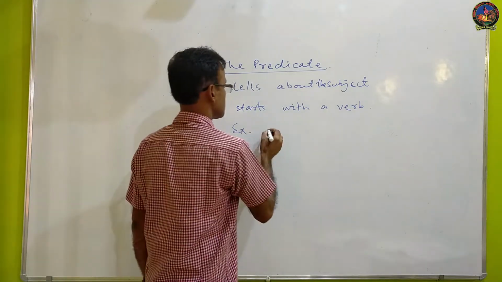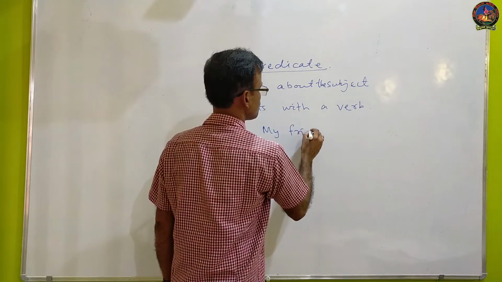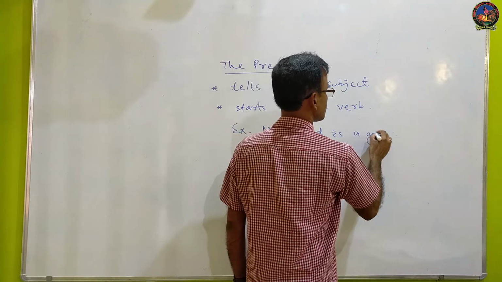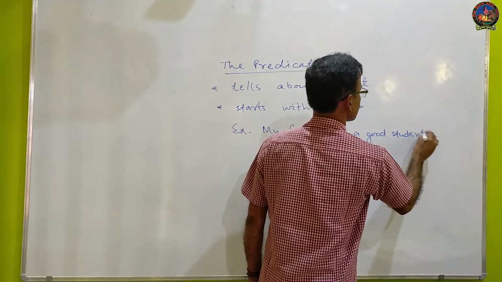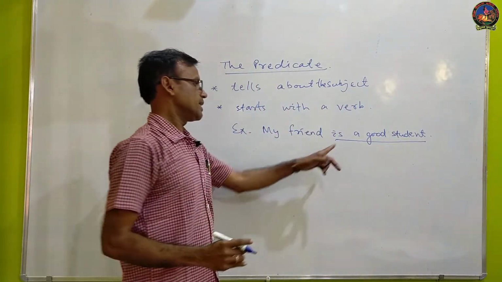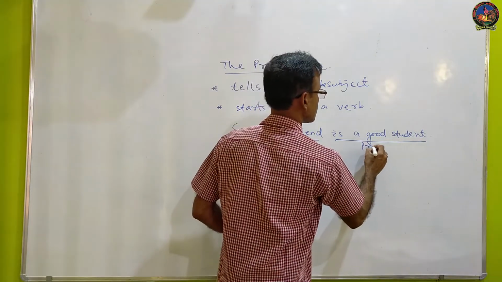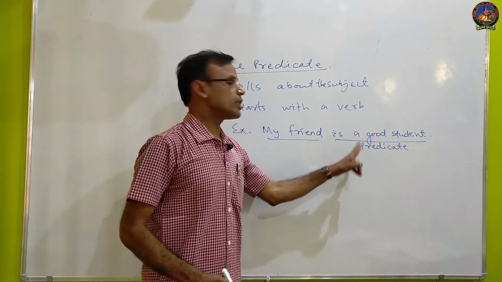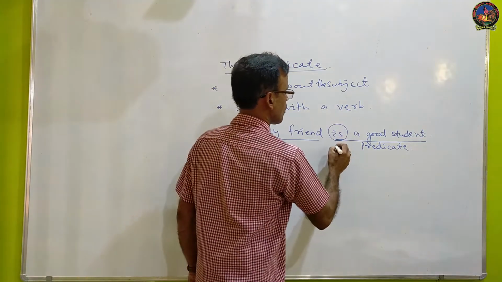Example, my friend is a good student. Is a good student tells about my friend, so it is the predicate part of the sentence.